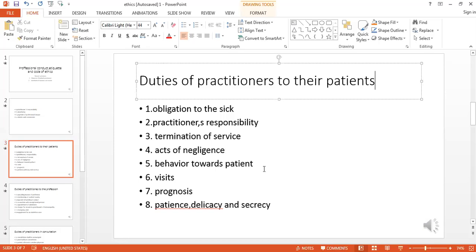Every patient shall be treated with proper attention and proper consideration. So your behavior matters very much when you are talking with the patient, when you are consoling the patient, because the patient will also judge you on how you are behaving with them, how you talk, and how you treat them.